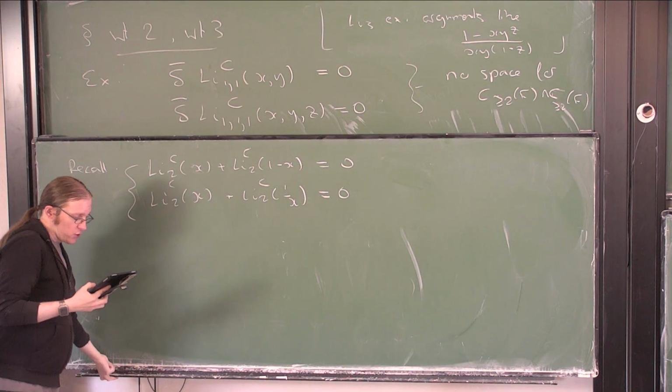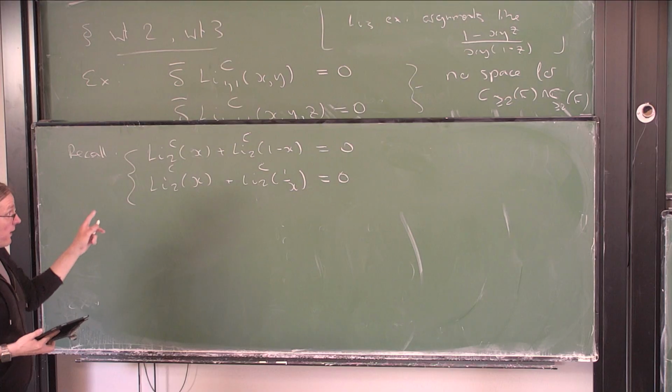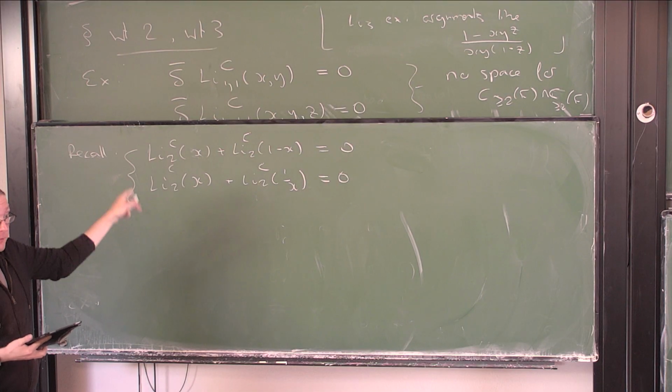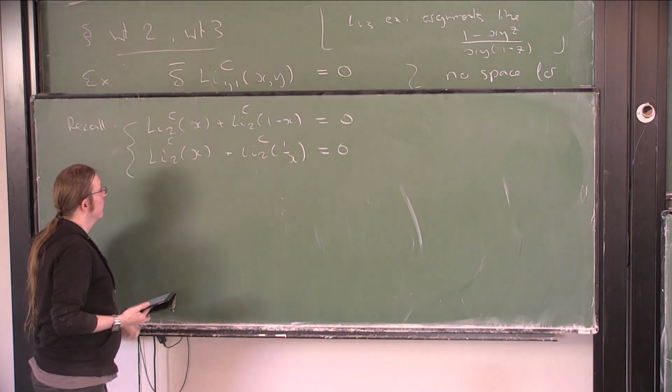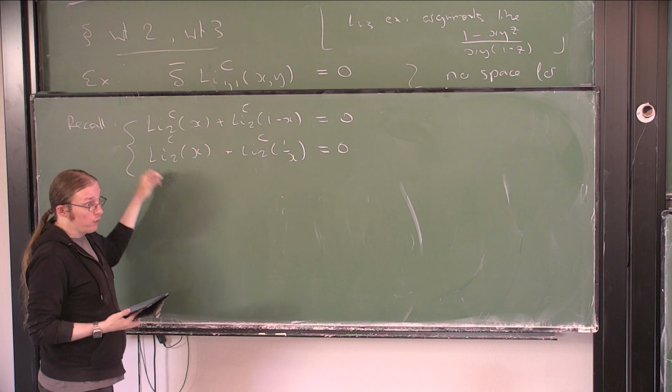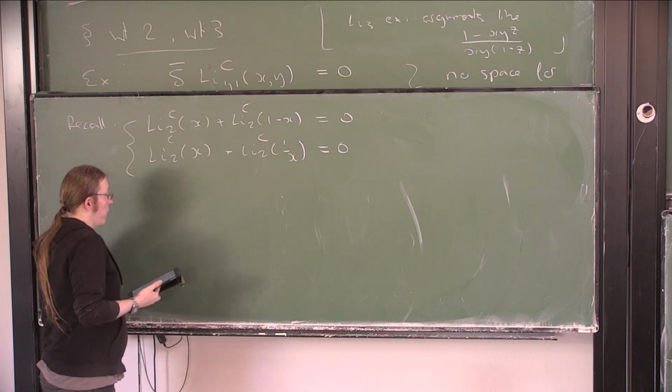Again, the mod products version. Then we expect that taking the combination Lie 3-1 with similar arguments, changing all the Lie 2s to Lie 3-1 of something comma y, should be depth 1.